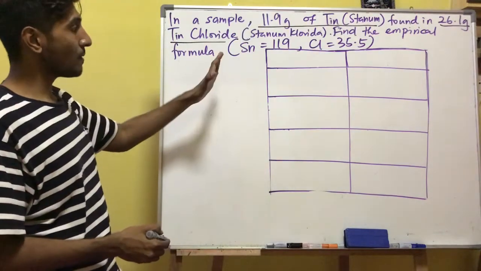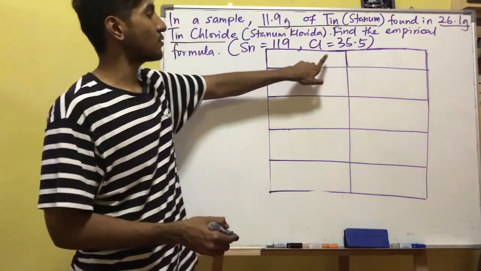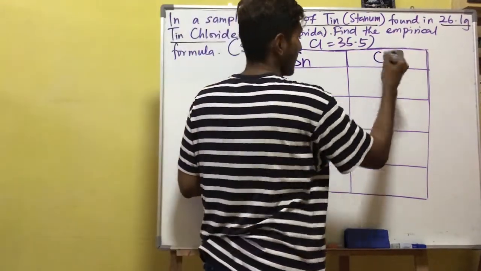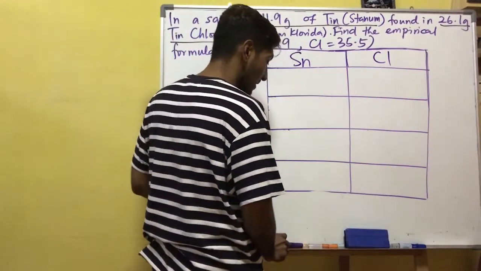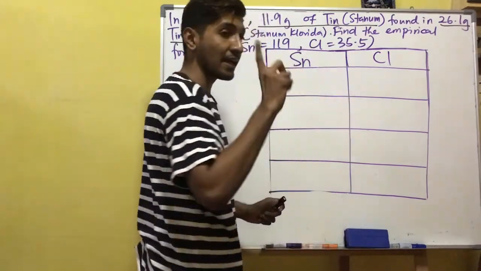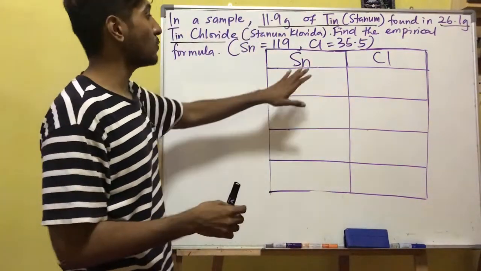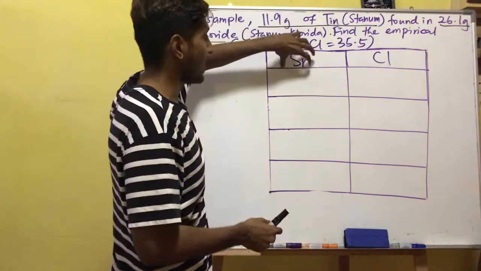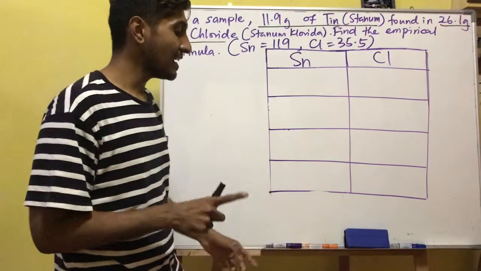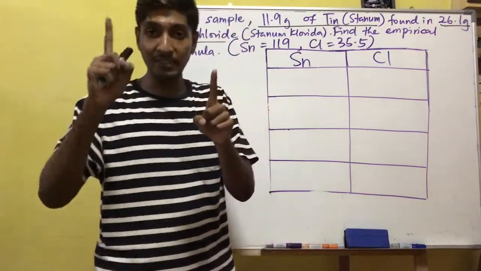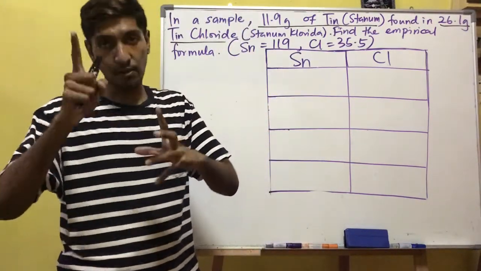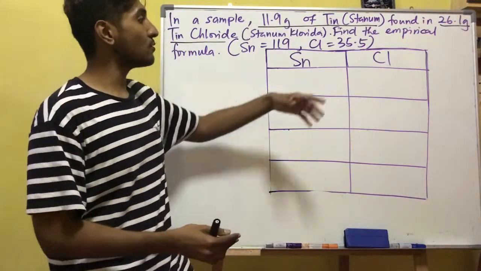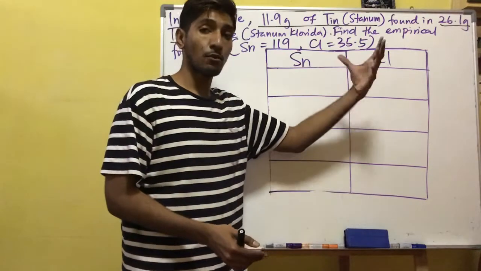So sebelum apa-apa kita perlu labelkan dekat sini. So untuk cari stannum klorida, kita mesti ada stannum dan kita kena ada klorida. Mesti nama di sini perlu atomnya, bukan sebatian. So we wouldn't write the compound here, but rather an atom here and an atom here. So we know that tin chloride would have tin ion, which is originally from the tin atom, and also chloride ion, which is from chlorine atom.